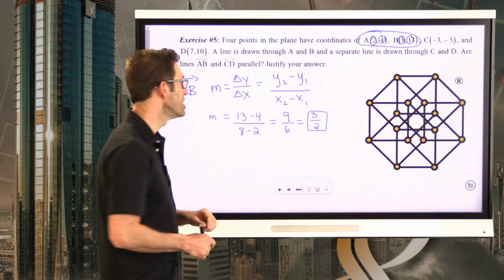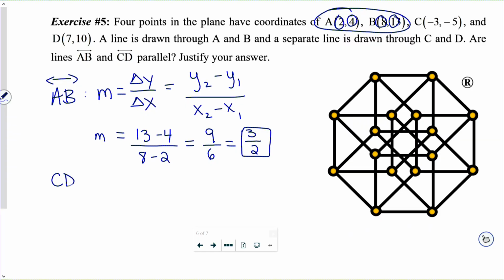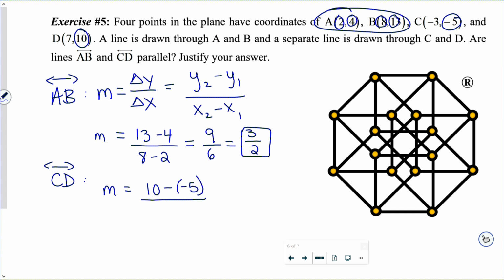All right, let's do CD. So for line CD, again, I'm not going to write out the whole formula. We're just going to start doing it. I'm going to do y2 minus y1. I have to be very careful here because that's going to be 10 minus negative 5 in the numerator. And then I'm going to do x2 minus x1, and that's going to be 7 minus negative 3 in the denominator.